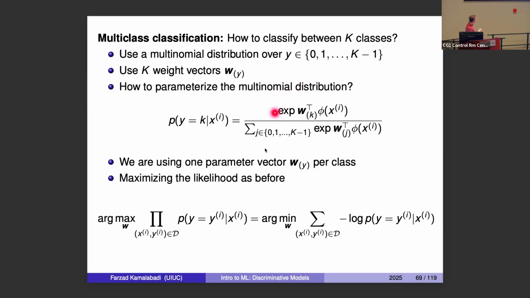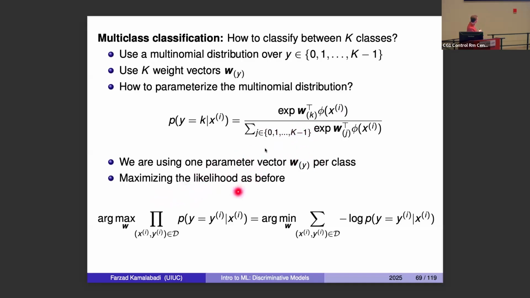And this is the corresponding form of the exponential. The term down here is a normalization to ensure that this is a probability. In other words, the probability mass function has to sum to 1, and it has to be greater than or equal to 0. So this normalization guarantees that.